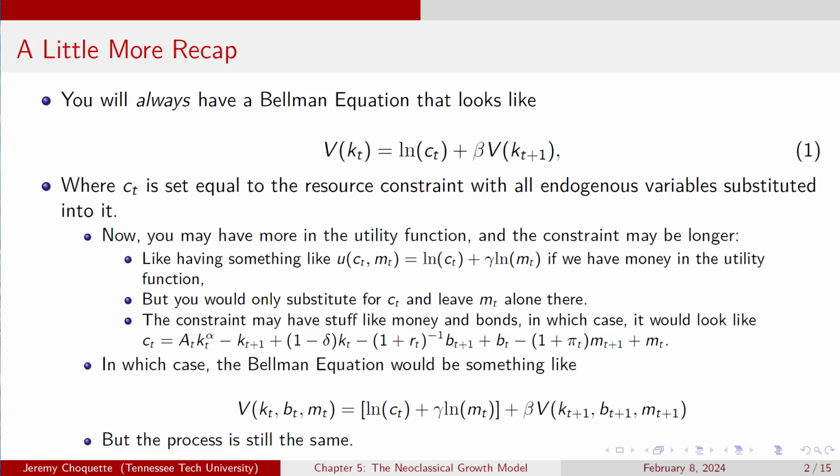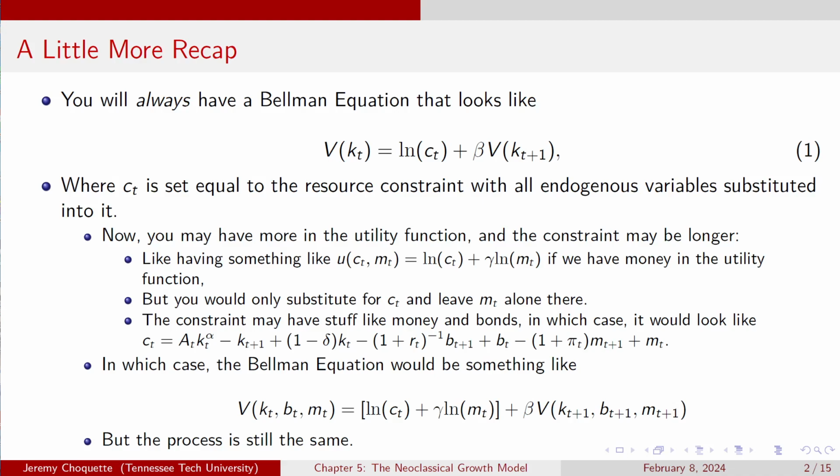So it doesn't have to be this simple, though. Now you're probably going, what the hell? This isn't simple at all. What I mean by this simple is with this few inputs or arguments in the V function, because here it's V of k_t, but you don't just have to have capital.